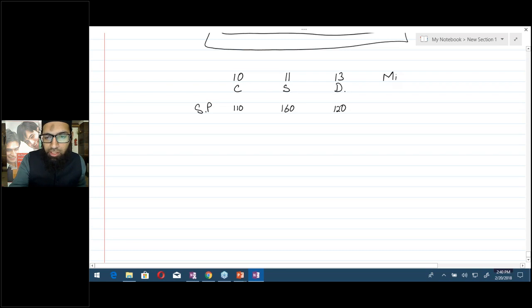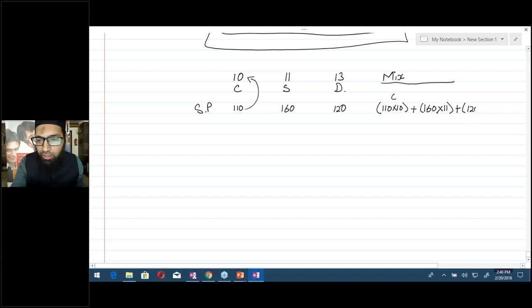Now, carefully look at how I calculate the selling price of a mix. For mix, I will multiply the selling price with each unit. So for C, it will be 110 multiplied by 10. Then I will add, for S, 160 multiplied by 11, plus 120 multiplied by 13.